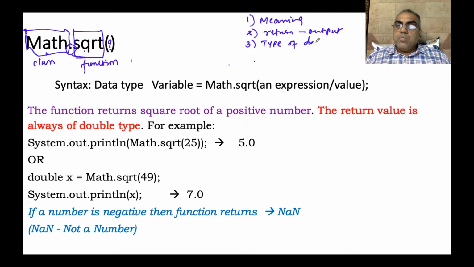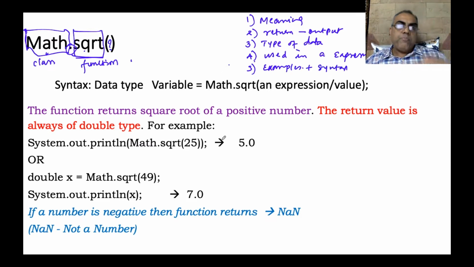What type of data it is going to return is very important. Fourth, if a particular function is used in an expression. When you are writing a mathematical formula in Java, if there is any function, you can make use of that. And fifth, you need to know examples, and of course the syntax as well. So these are the 5 things that you're going to focus on.